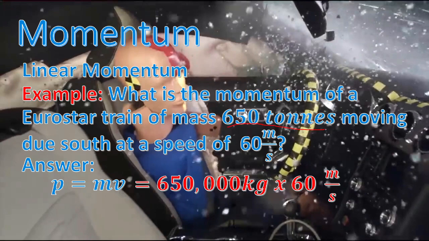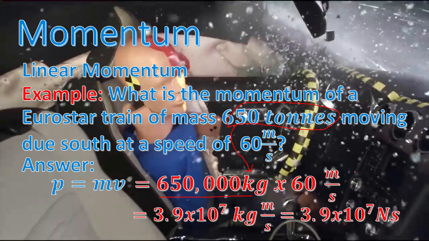The given is in tons, so you need to convert that to kilograms. One ton is 1000 kilograms, so we have 650,000 kilograms times the velocity. The answer would be 3.9 times 10 to the 7 kilogram meter per second, or 3.9 times 10 to the 7 newton seconds.